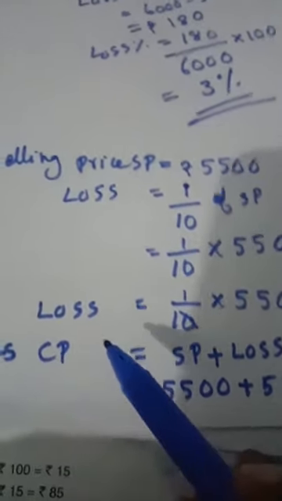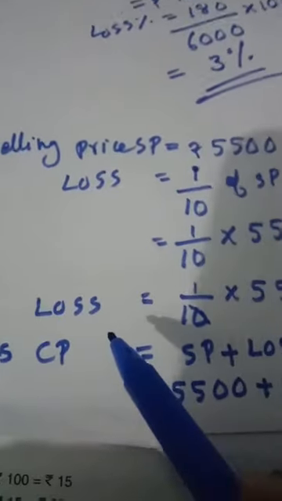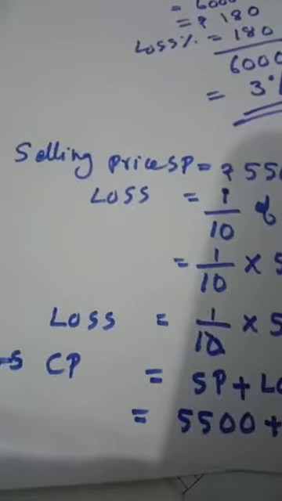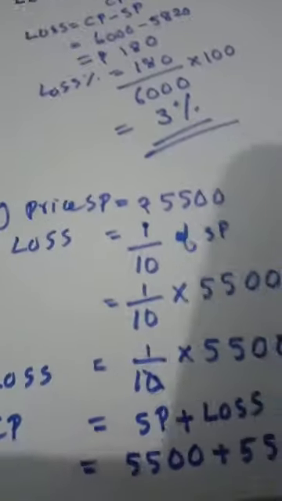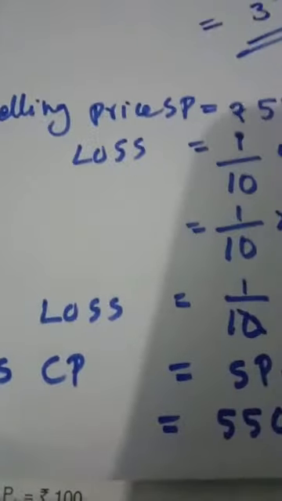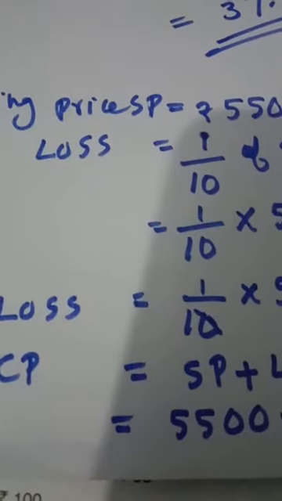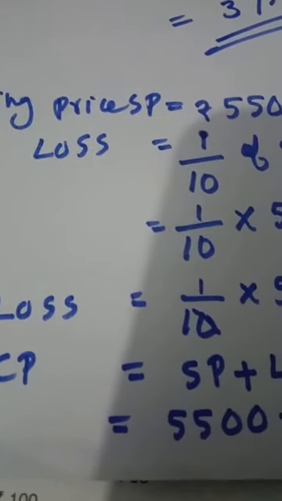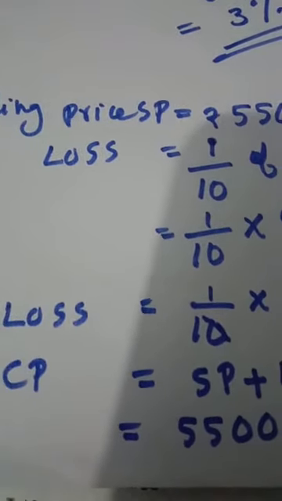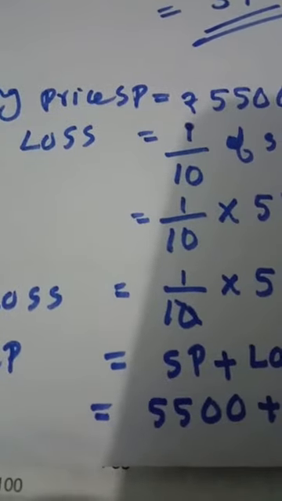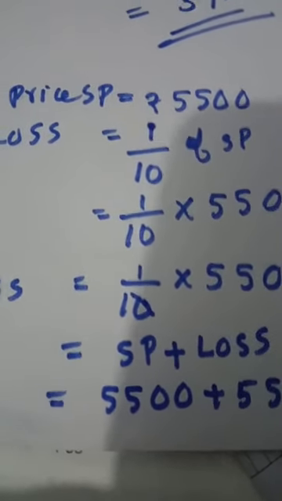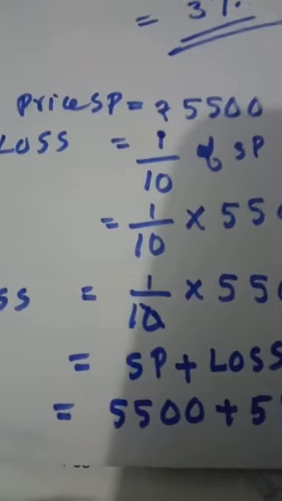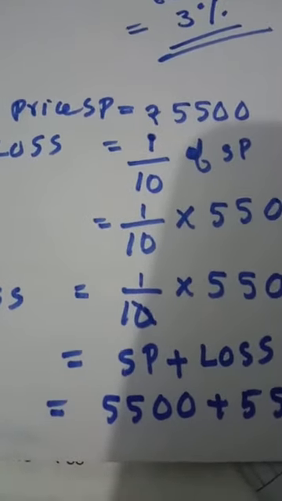See, loss means which is greater? In a deal, CP and SP are given. Suppose it is given that there is a loss. Loss means CP is greater than SP, the cost price is greater than the selling price. Loss means the cost price is greater and the selling price is smaller.